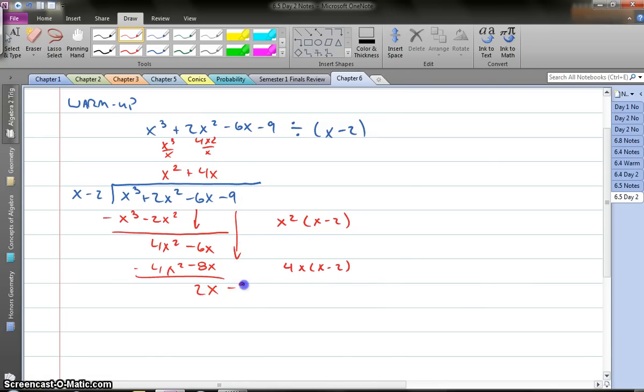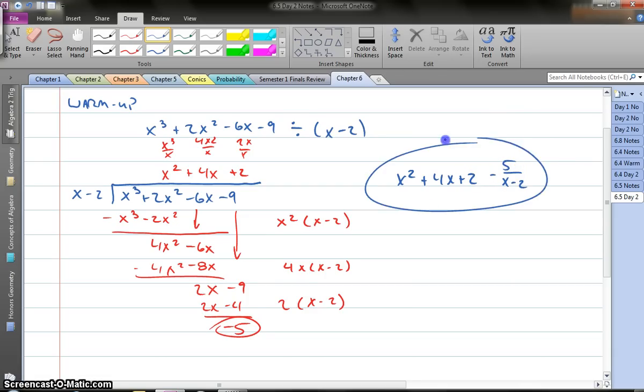Bring down your minus 9. 2x divided by x gives me plus 2. Multiply it out, and I get 2x minus 4, so my remainder is negative 5. So my solution, x squared plus 4x plus 2 minus, because it's negative 5 over x minus 2. All right, so that's my solution there.